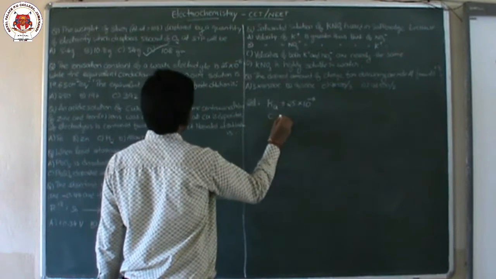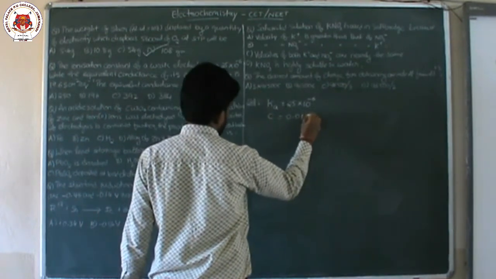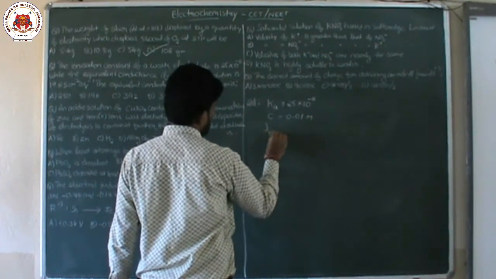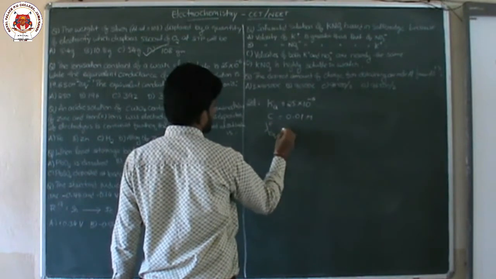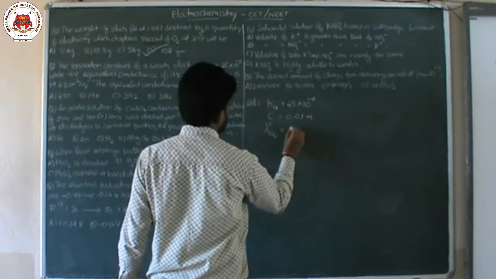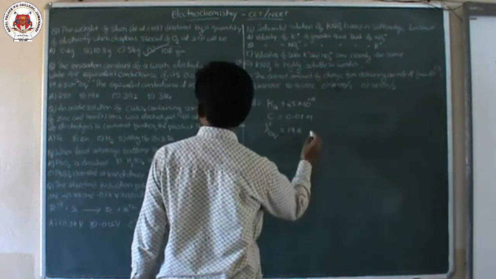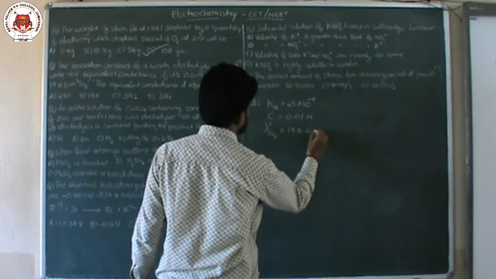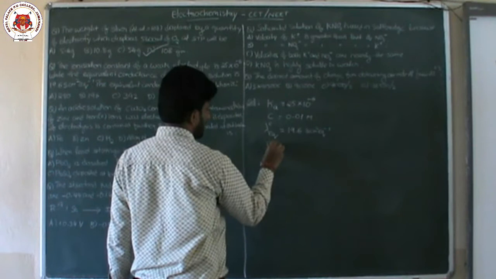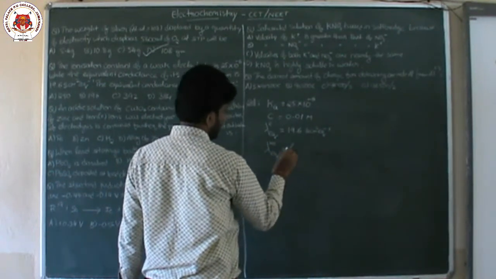The concentration is given as 0.01, and the equivalent conductance at this concentration C is given as 19.6. Then what are they asking us to find? They are asking us to find lambda infinity, or lambda not, equivalent.